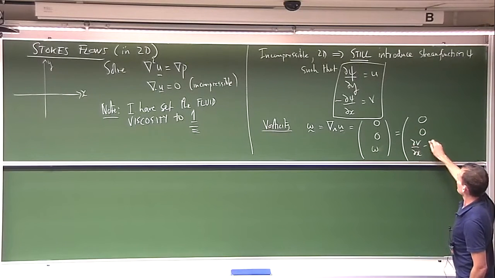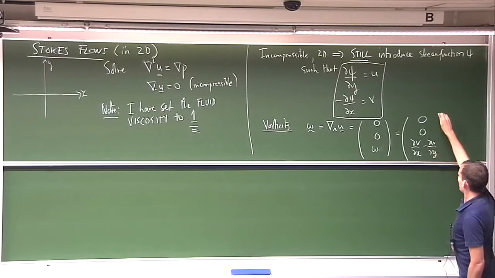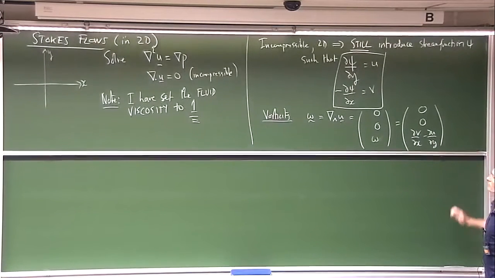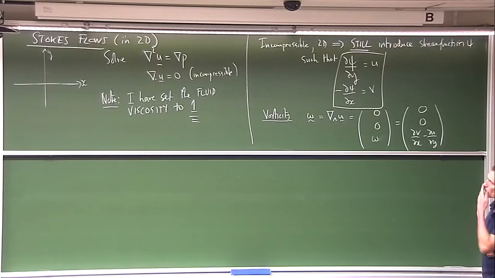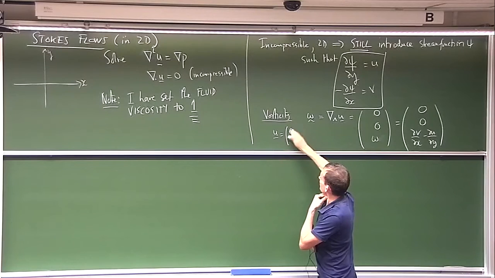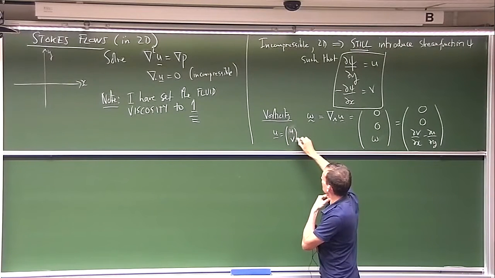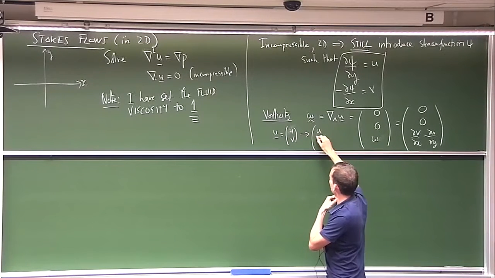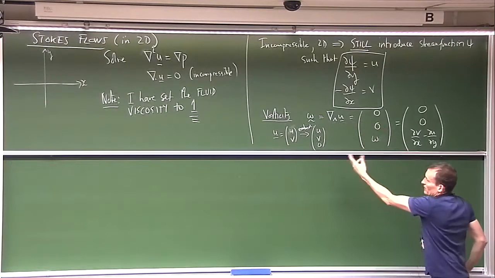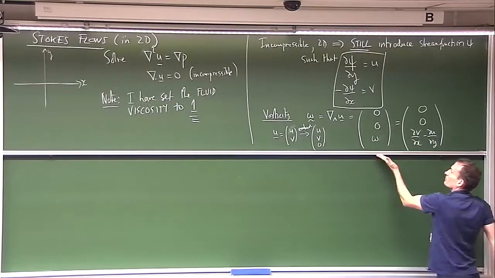U is (u, v), but we're embedding it in (u, v, 0). We don't need to actually do it, we're just thinking of it like that.